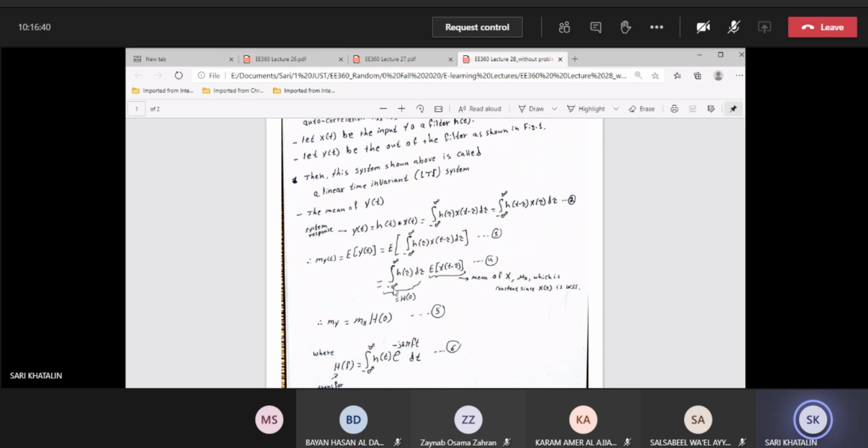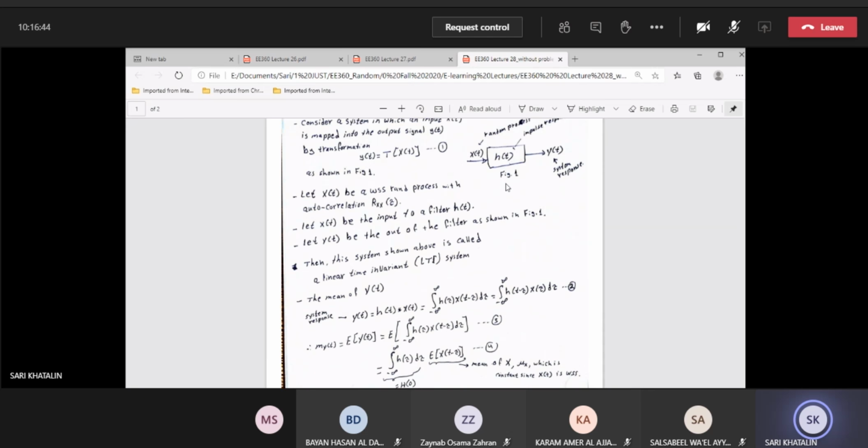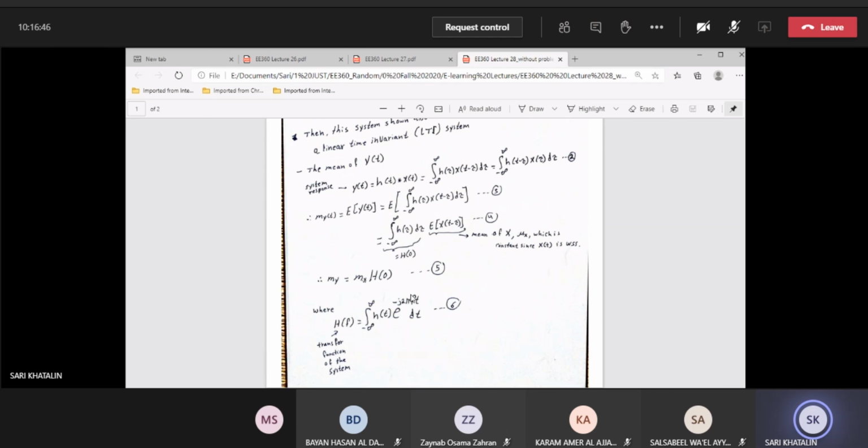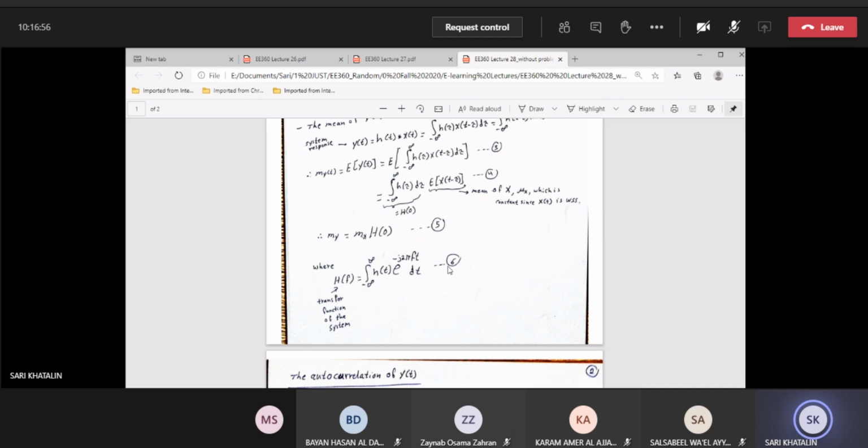Now h of tau here, the integration of the impulse response, is equal to the transfer function of the system where f is 0. In equation 6, I'm showing you how we find the transfer function. The transfer function is the Fourier transform of h of t, as you can see here.